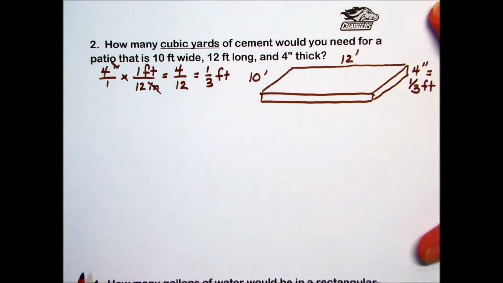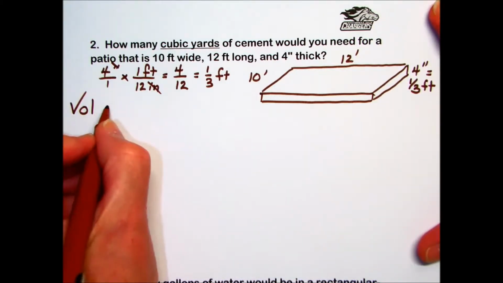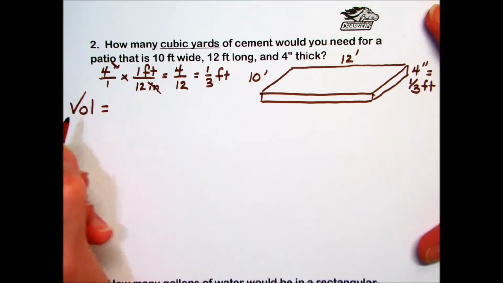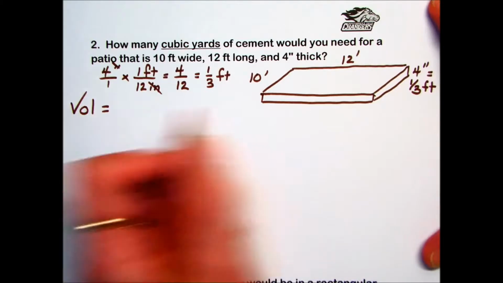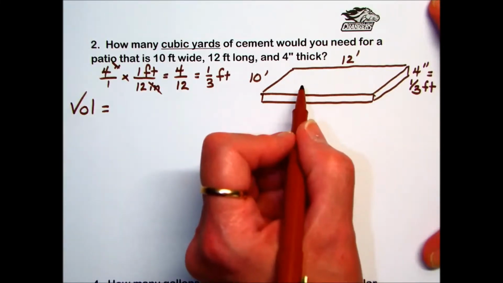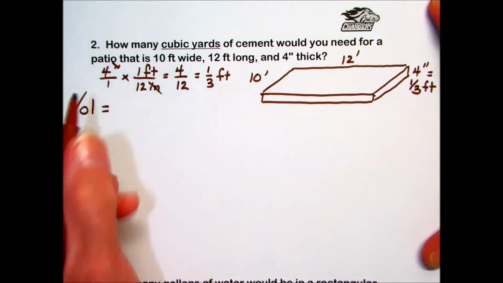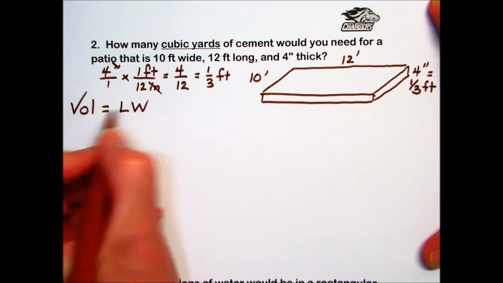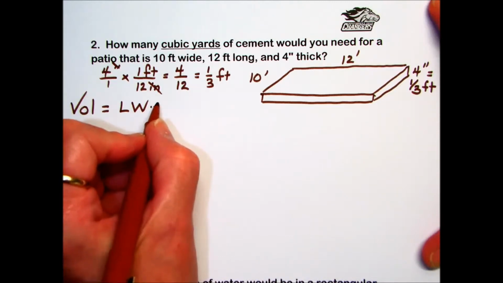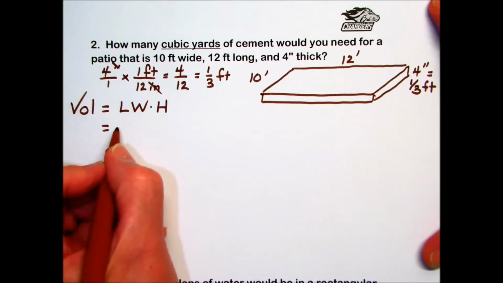Now we have all of the dimensions of this patio in feet, so we can go ahead and find the volume. The volume of a shape similar to this is found by taking the area of the face, and since the top is a rectangle and it would have an opposite face, same size and shape, we can take length times width, and then to finish out the volume, we multiply it by the height, or in this case we might describe it as the thickness.